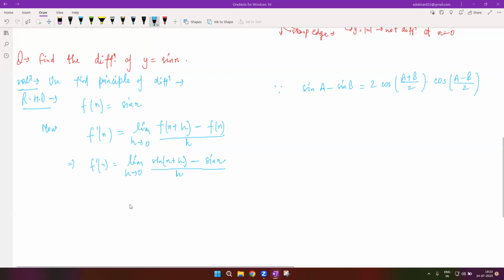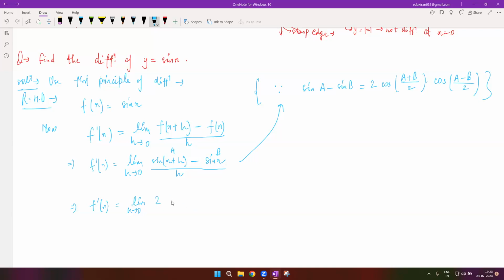This is the formula for sin A minus sin B. So if I want to solve this, I will have to apply this formula, sin A minus sin B, on this. Right now the angle A is x plus h and angle B is x. This is A, this is B. So this is sin A minus sin B.